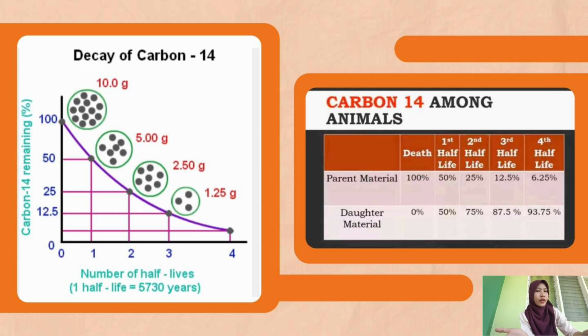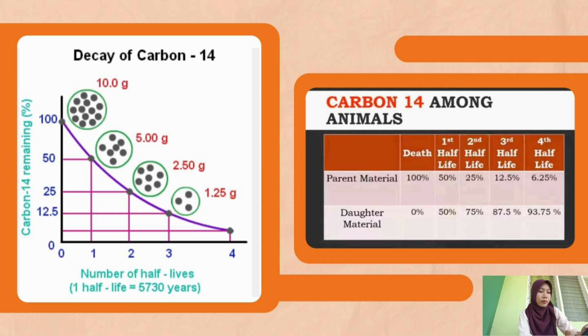So after ng half-life, magiging 50%. And second half-life niya naman is magiging 25%. And third half-life naman niya is magiging 12.5%. Another half-life na naman, which is the fourth half-life na naman, magiging 6.25%.